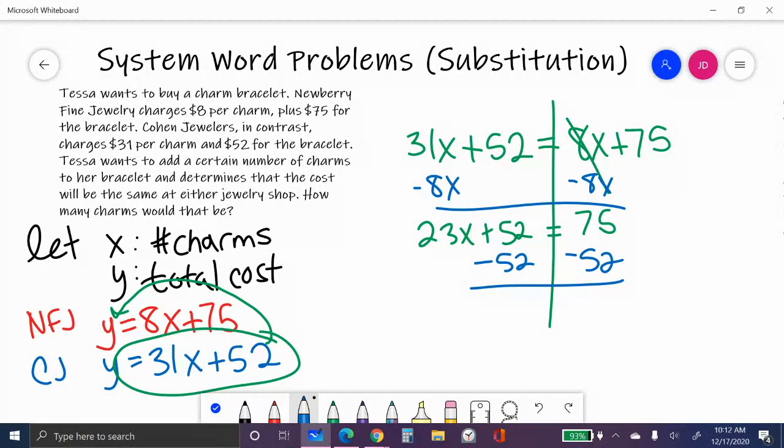All right, two-step equation, pretty simple. 23x equals, those cancel, 75 minus 52 is, oh, look at that, 23. Divide both sides by 23. And x is 1.